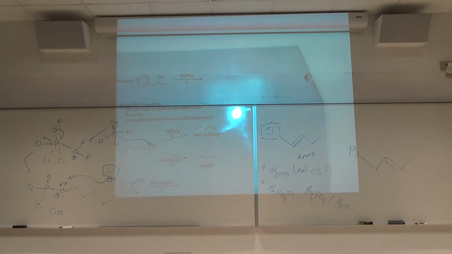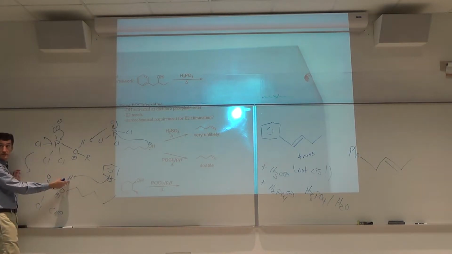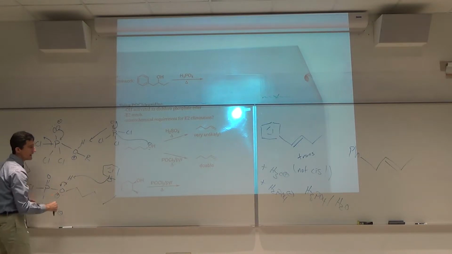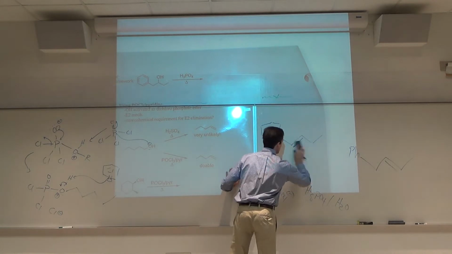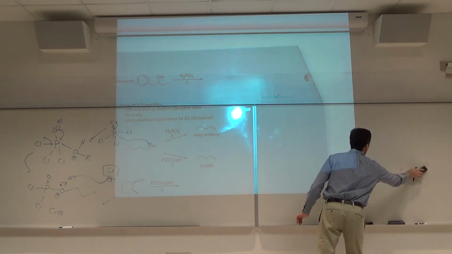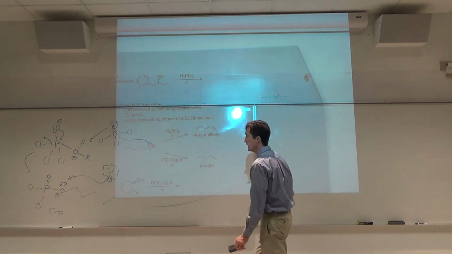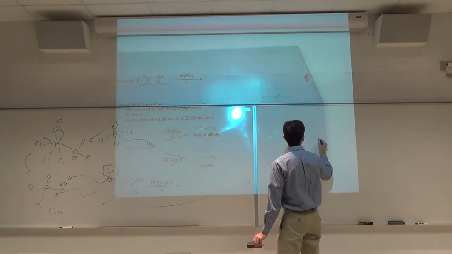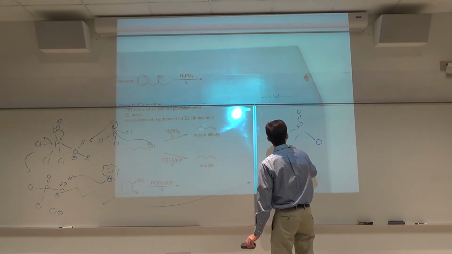Now, a lot of books won't do this. Doesn't that look like an acidic H? Strictly, this is probably more correct. What does that give? We're going to have the oxygen bonded to the phosphorus, bonded to 2 chlorines.